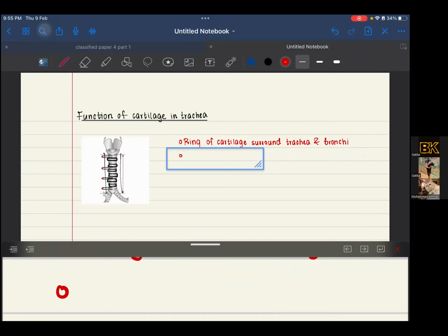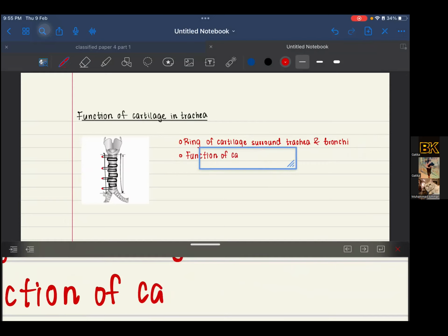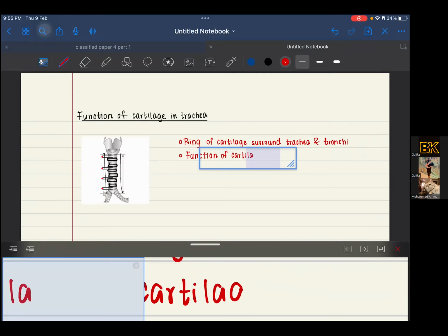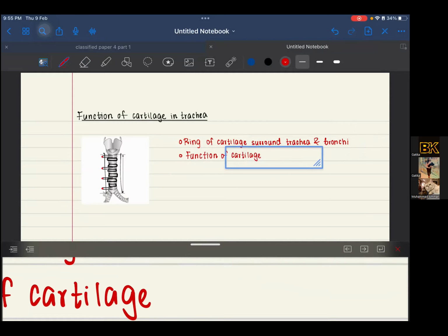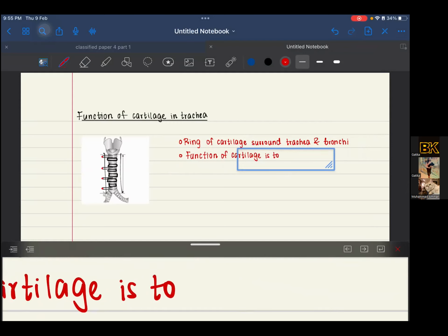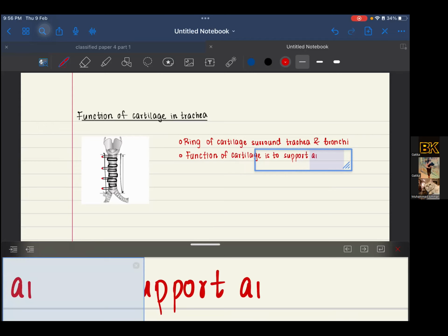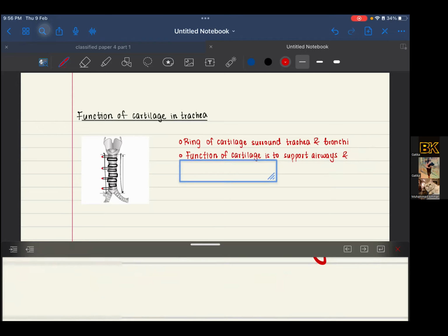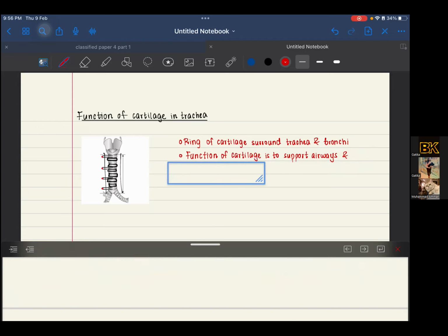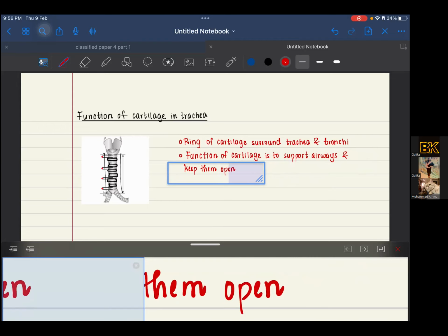Function of cartilage is to support the airways and keep them open during breathing.